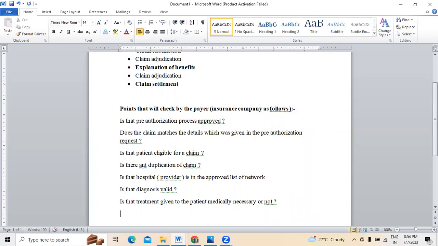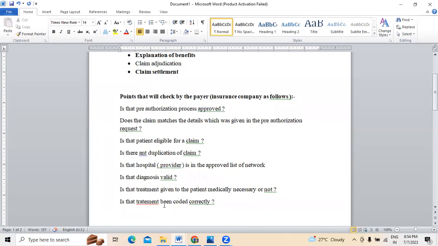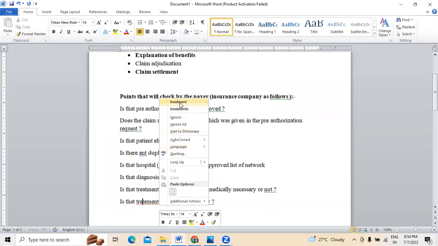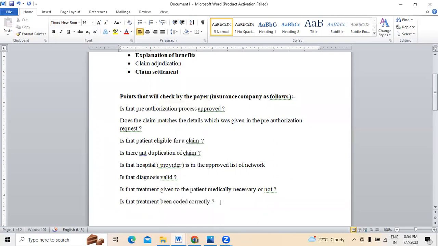Next, is the treatment being coded correctly or not? Because whatever treatment they have given, the code numbers and everything should be accurate. That's what we have to ensure.